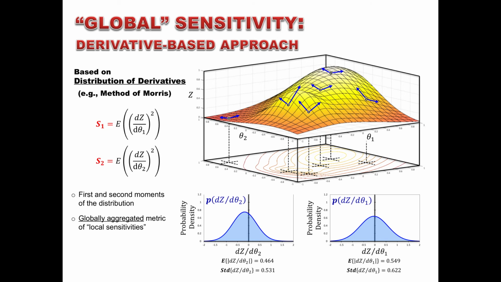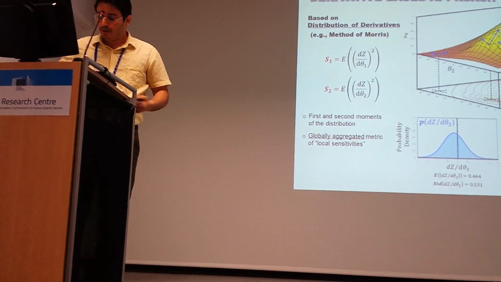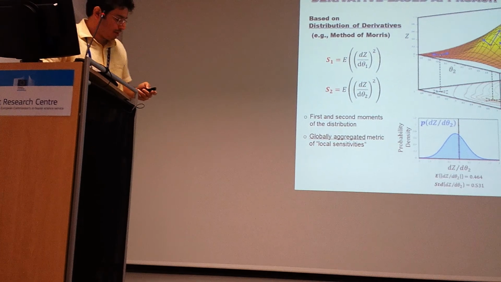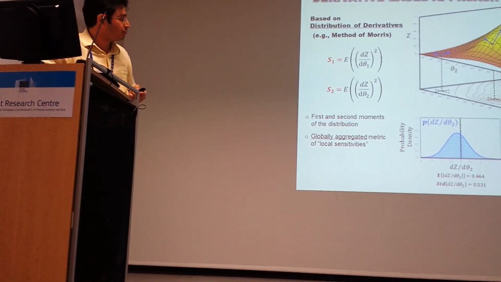Then we need to derive some metrics. So first and second moments of these distributions are typically being used for global sensitivity analysis under this umbrella of derivative-based approach. So method of Morris or future extensions to that are all following this kind of philosophy.